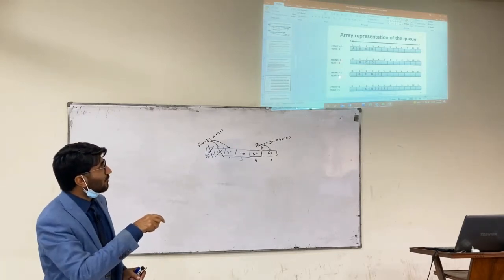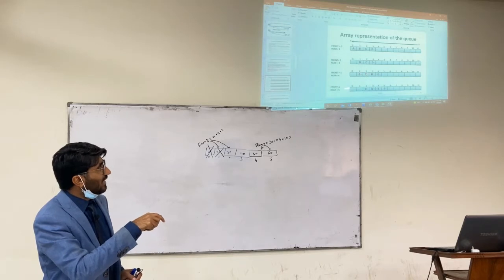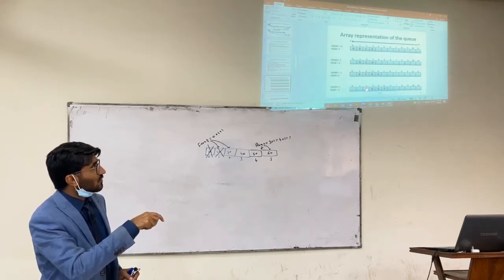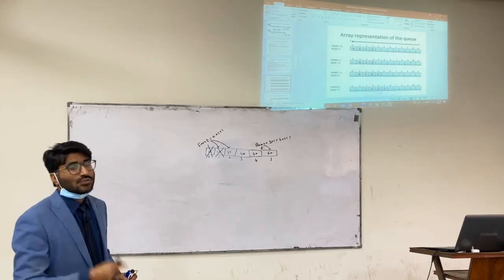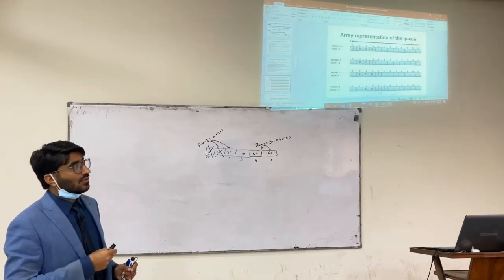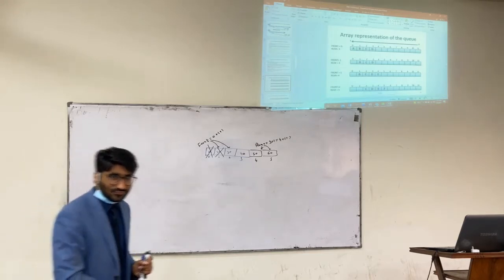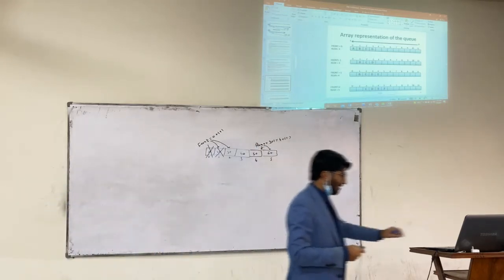So 3 plus 1, 4. And again we have removed B, so the value of front is increased by 1. Before it was 1, now it is 1 plus 1, 2. And so on. This is how it works. This is the queue. Simple array में ये concept नहीं था, right? ये क्यू में फ्रंट और रेयर का concept है.